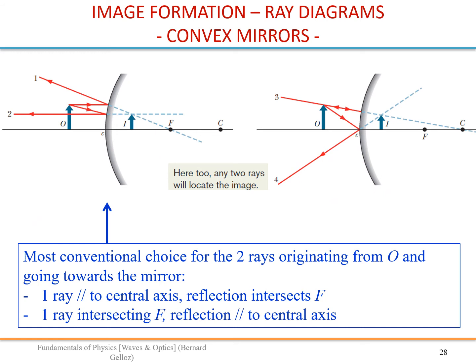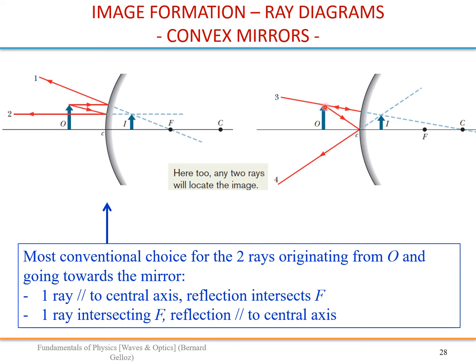Let's look now at a convex mirror. It's exactly the same. You can choose a set of rays that is specific to a spherical mirror.